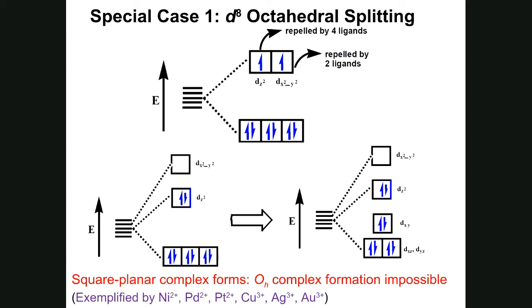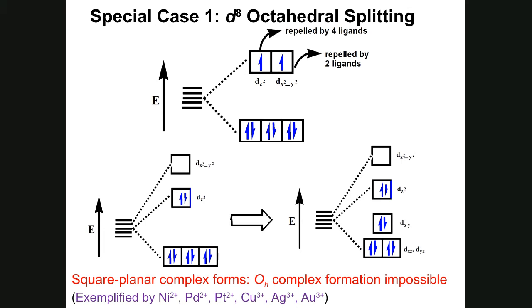The EG set of orbitals will split because of the differences in the repulsive influences induced by the ligands in that direction. And as a result, the 4 ligands will repel this largely enough, and you see the dx squared minus y squared orbital going up in energy, or being elevated in energy.